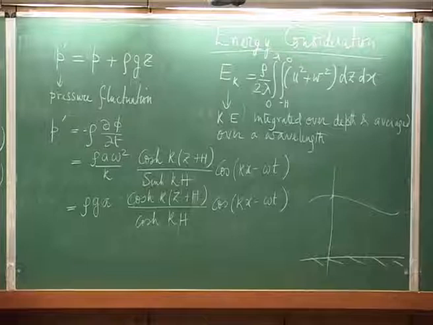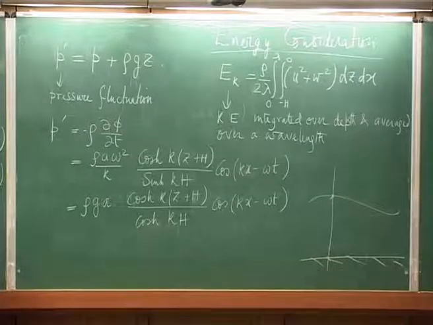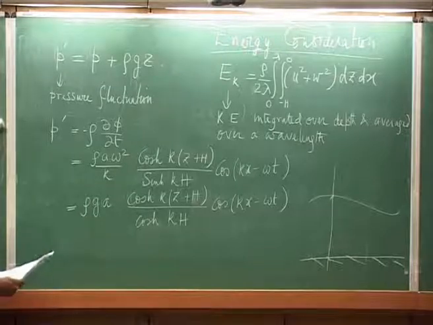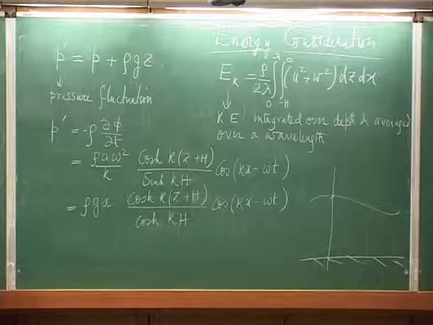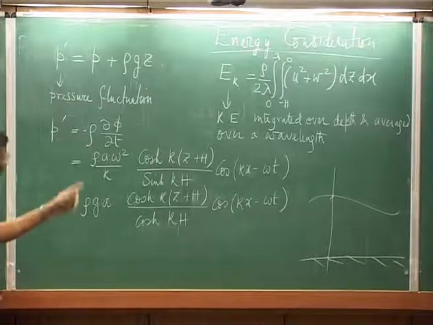We have this expression for u and w, we can plug it in there, and I will take the liberty of omitting the steps and tell you that the x and z integrals are decoupled, and the x integral will give a times cos(k x minus omega t) or sine, squared.